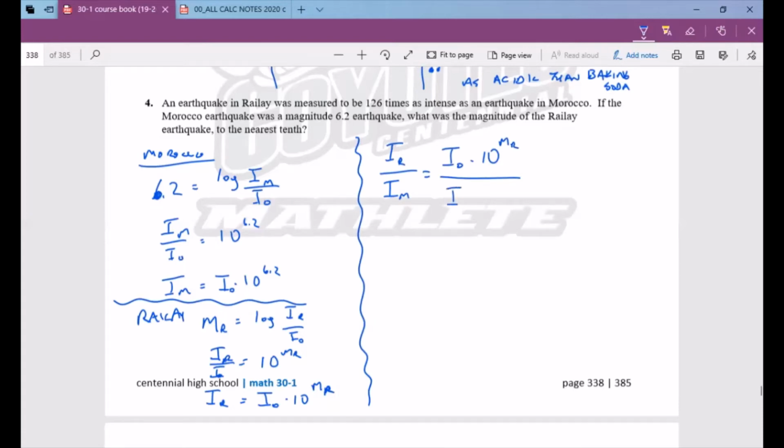Morocco, I naught times 10 to the 6.2. Divide out factors of I naught. Now the right side just ends up being 10 to the Rayleigh's magnitude minus 6.2, which is the Morocco magnitude. But the left side of the equation is told to us: a Rayleigh earthquake is 126 times as intense. So that ratio of intensities is equal to 126.